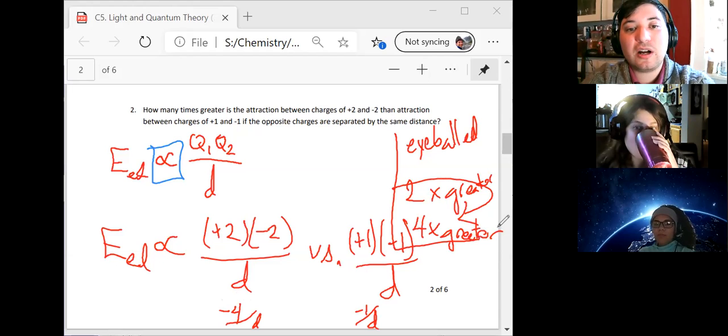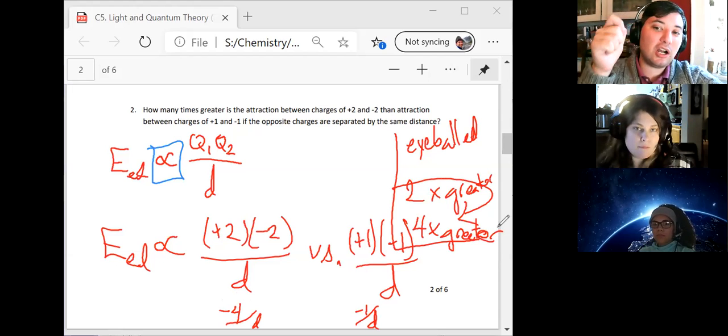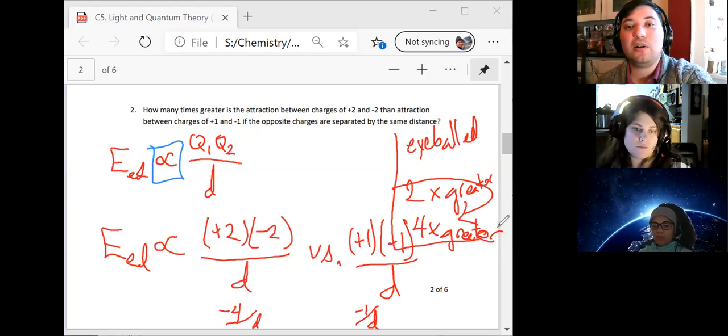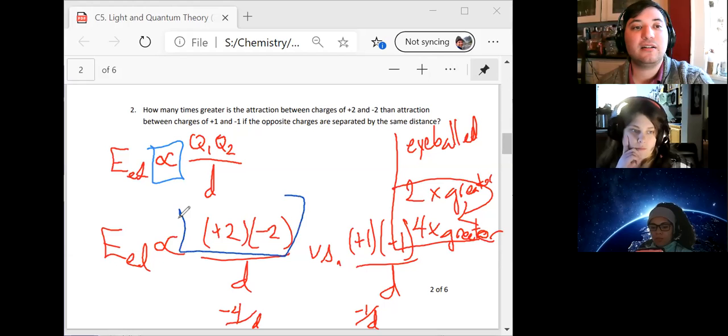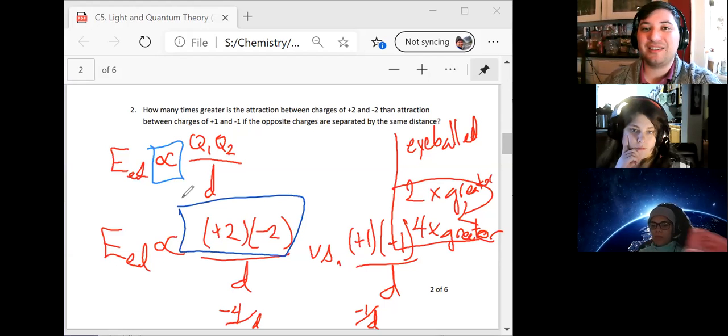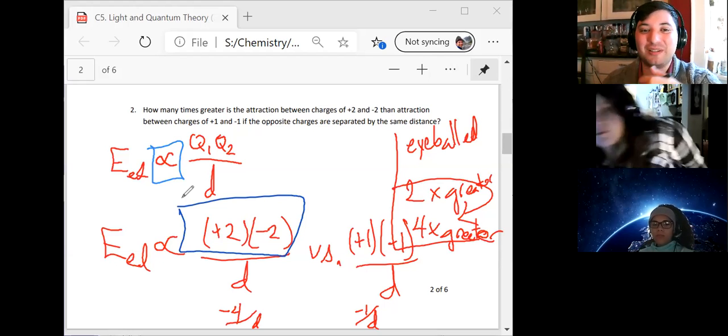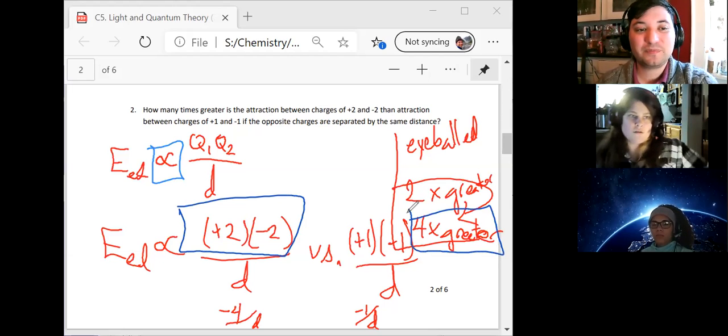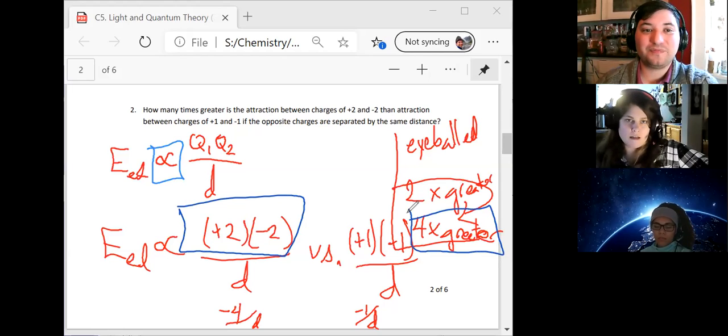So your eyeballing was correct. Each charge is 2 times greater in the first scenario than the second scenario. But because we multiply here, that 2 times is multiplied by another 2 times, and it comes out to be a total of 4 times greater. So basically, because each charge has doubled, we have to multiply them together. Okay, that makes sense.